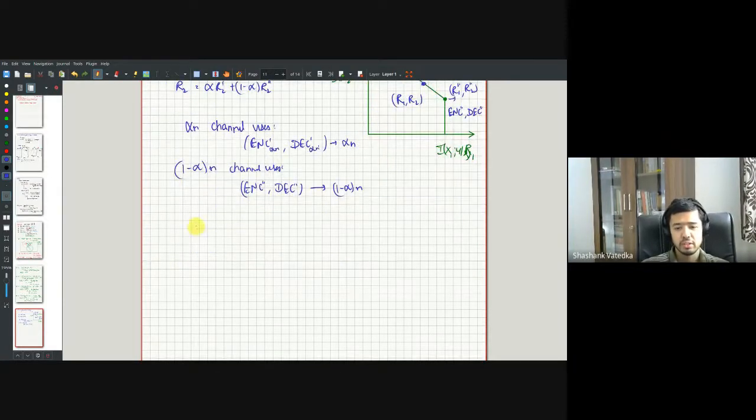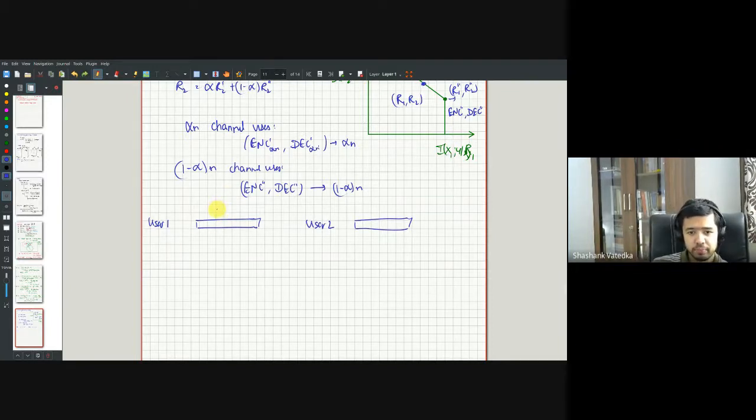In particular, the message for each user, user 1, user 2, you have a total of nR1 message bits. User 2 has nR2 message bits.